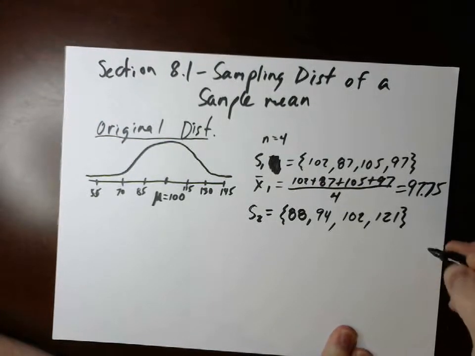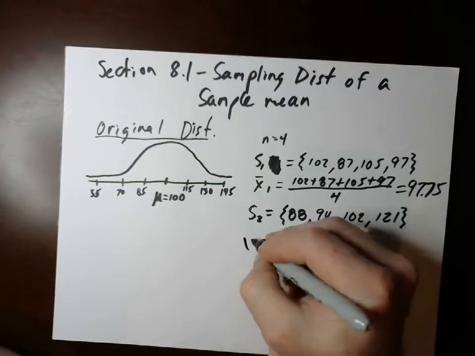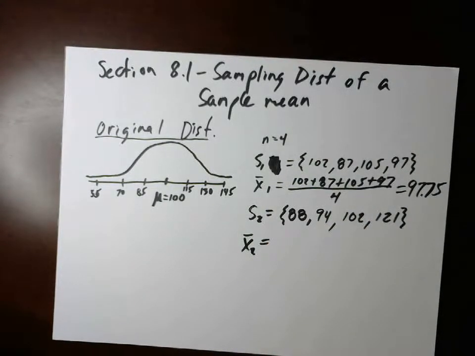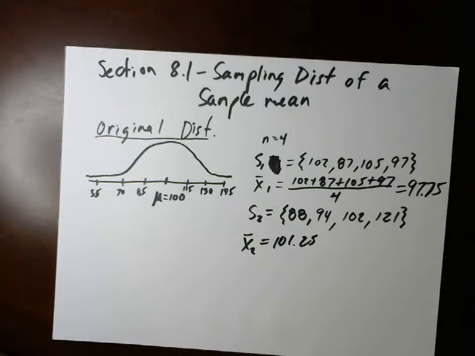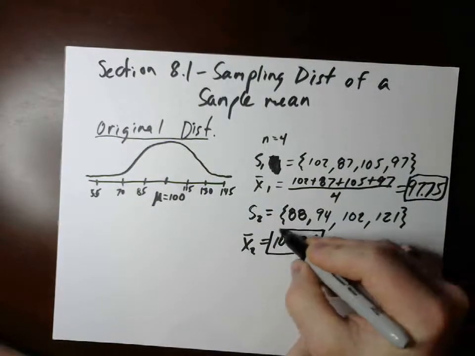From this second sampling of n equals 4, the average, adding them all up, 88 plus 94 plus 102 plus 121, and dividing by 4, is 101.25. So we have two values in our distribution, 97.75 and 101.25.